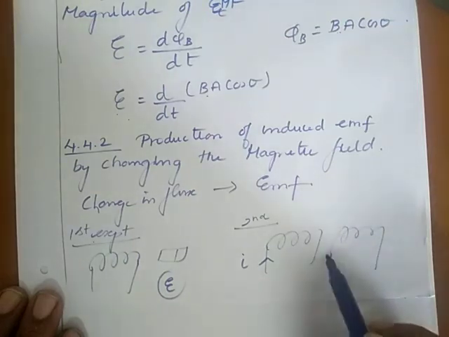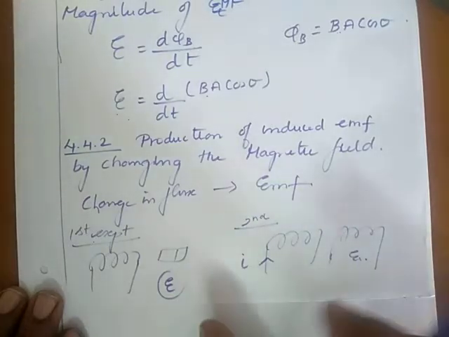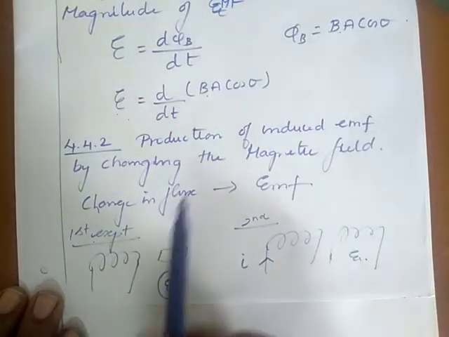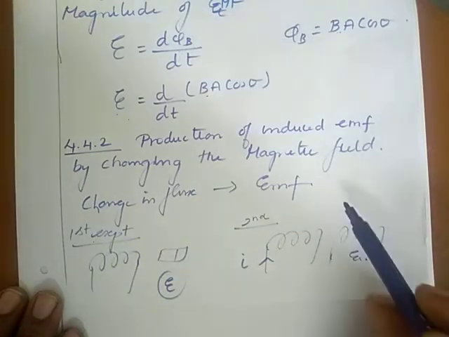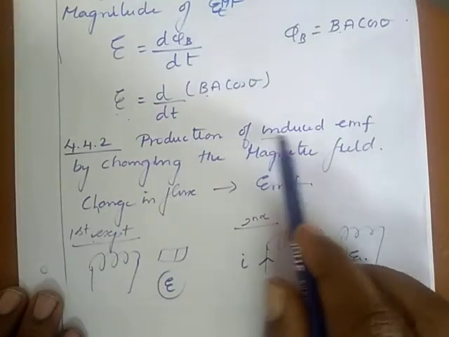Due to the change in flux, it produces EMF in the secondary coil. In these two experiments, we are changing the magnetic field by the motion or by applying the current, and we are producing the induced EMF.